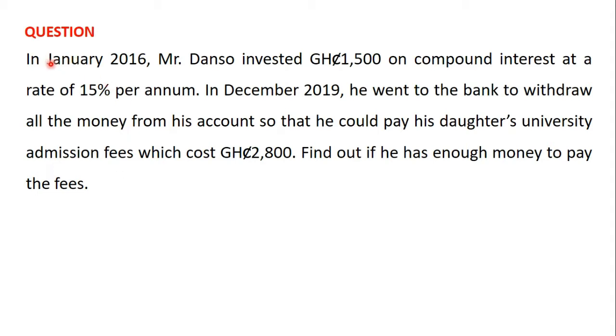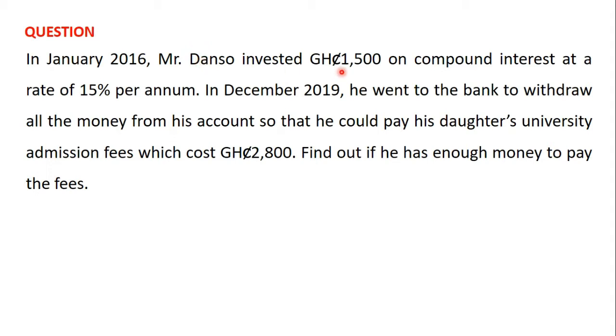Now, he invested the money in January 2016. So, we are going to calculate the amount of money in his account at the end of December 2016, at the end of December 2017, at the end of December 2018, and then finally at the end of December 2019, when he went to the bank to withdraw the money.